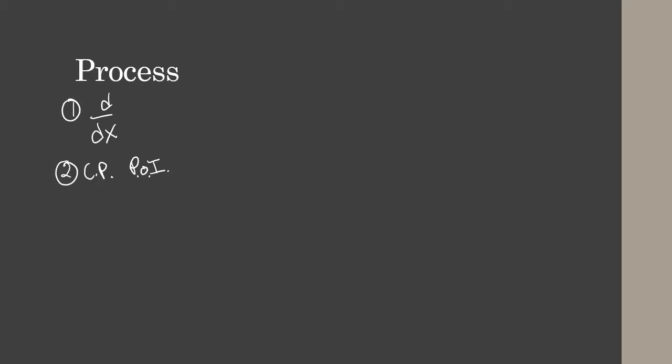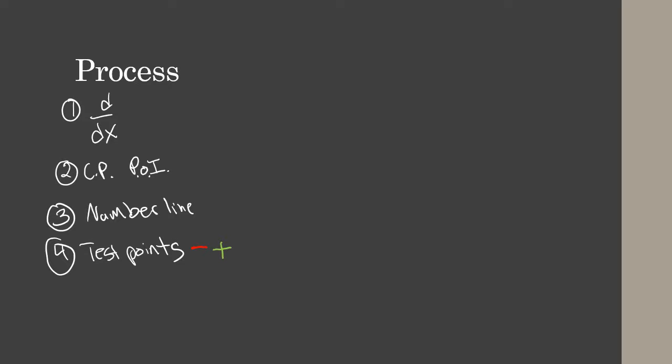Then we set up a number line, and we test points along that number line. And really when we are testing for points, we are looking at, okay, are they positive or negative? So a factor, at a point that we choose on the number line, could be positive or it could be negative.